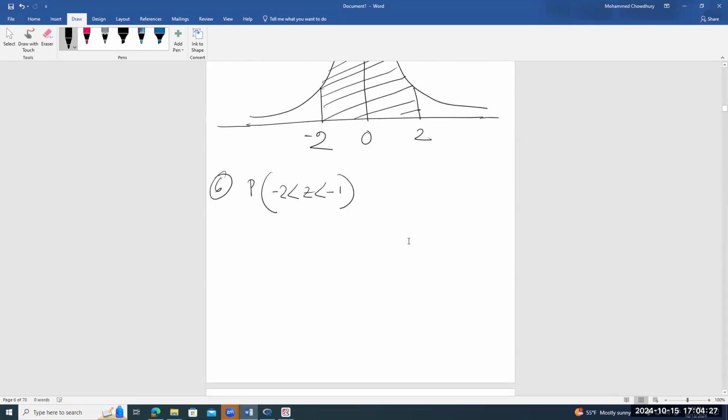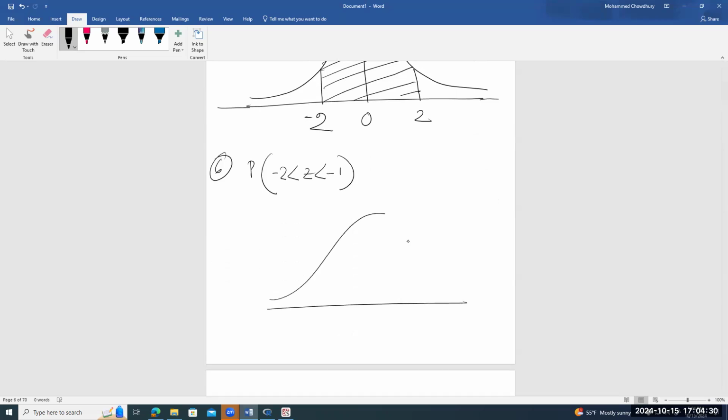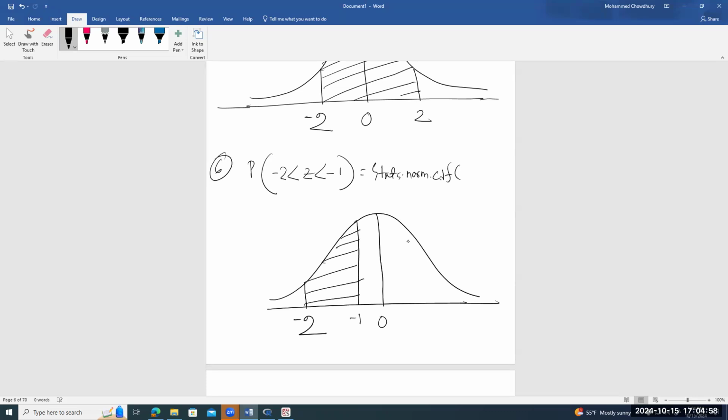Only the negative part, which will be like this. stats.norm.cdf(-1, 0, 1) minus stats.norm.cdf(-2, 0, 1).